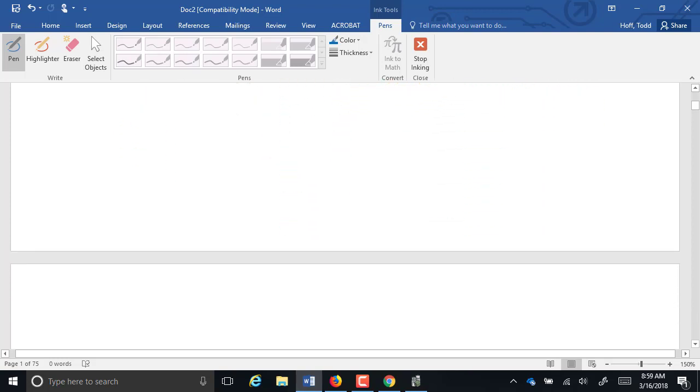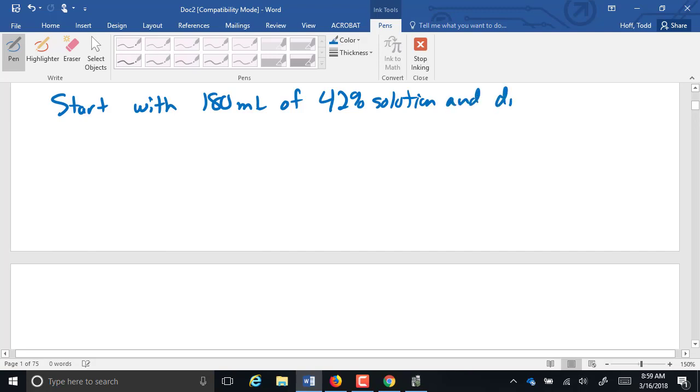So for example, let's say we start with 180 milliliters of 42% solution and dilute to 14%.